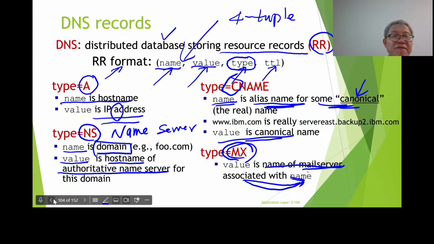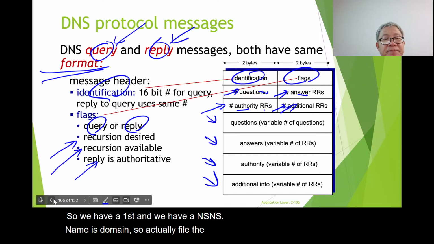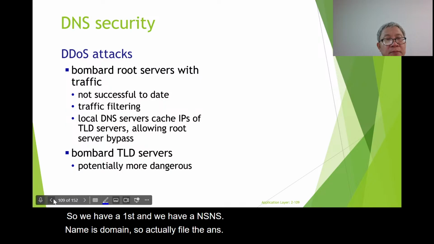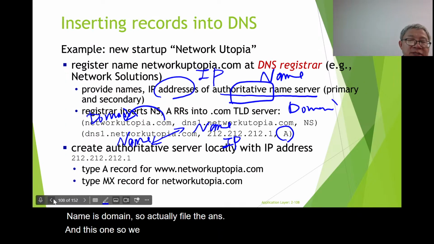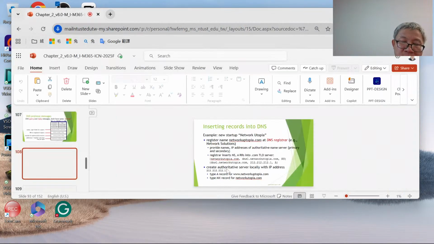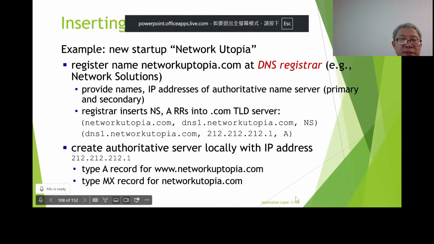So we have an A first. And we have an NS. NS name is domain. So actually we follow A and NS. And this one. So we have the two fields. So this one.